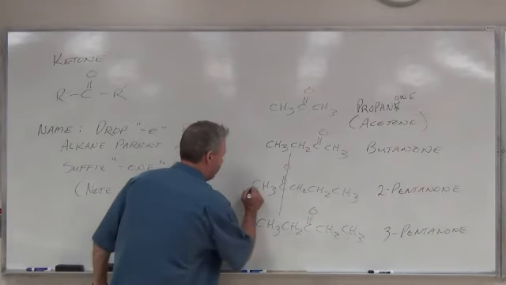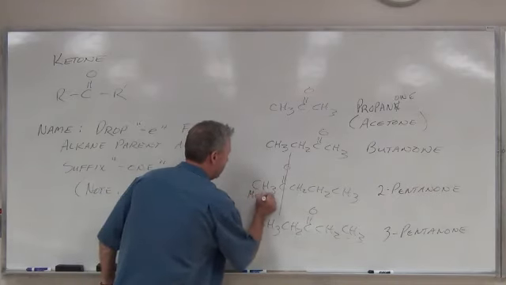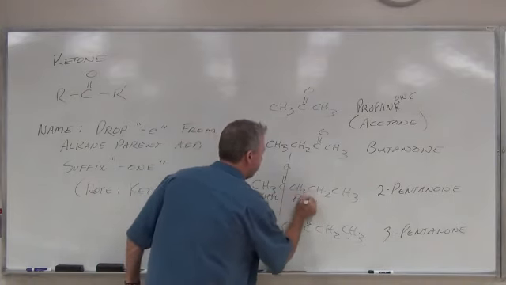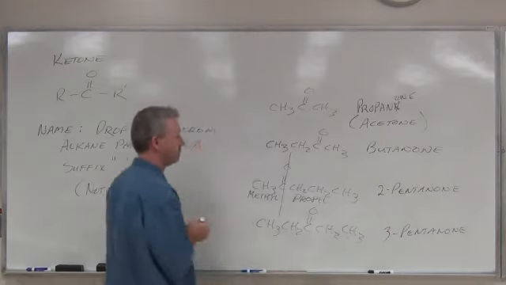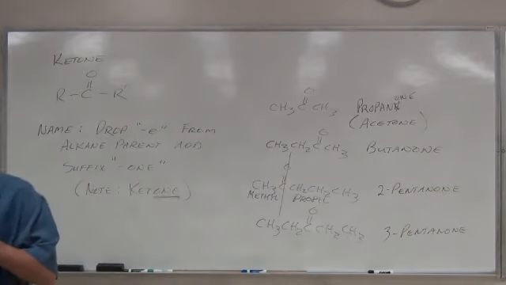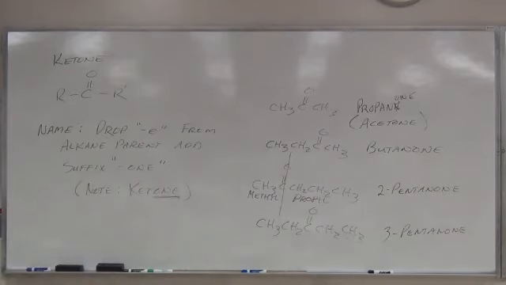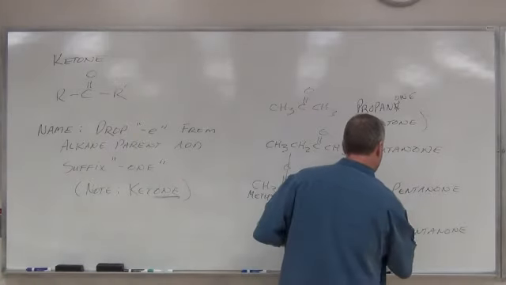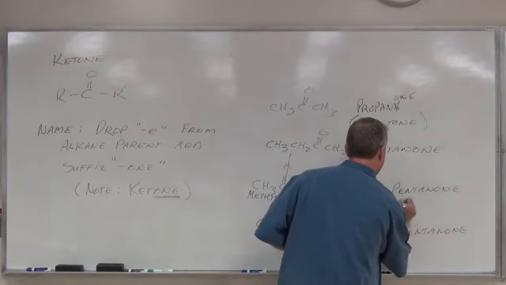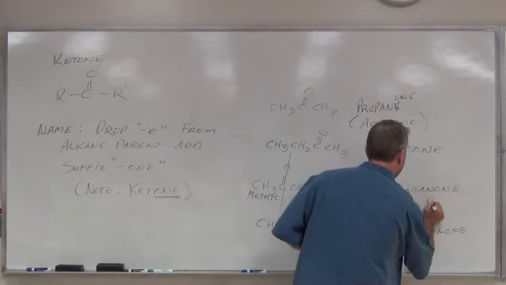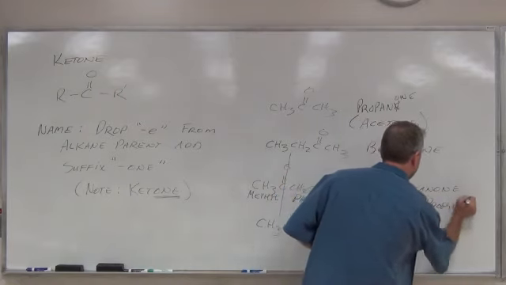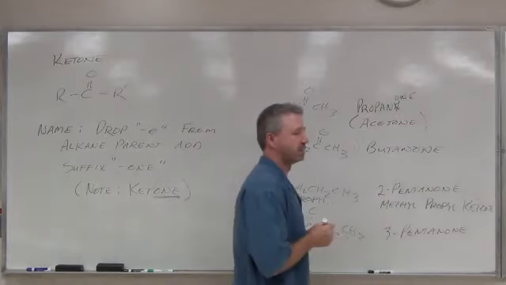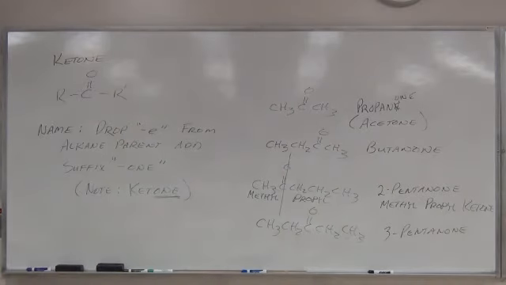So this is methyl. 1, 2, 3. This is propyl. Ketone. M comes first. Methyl propyl ketone.